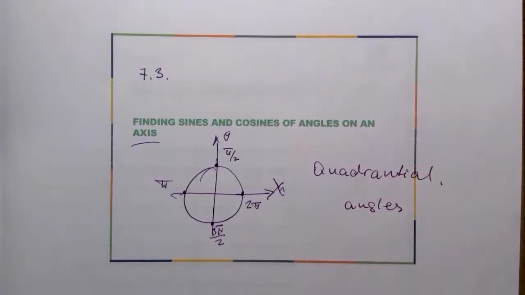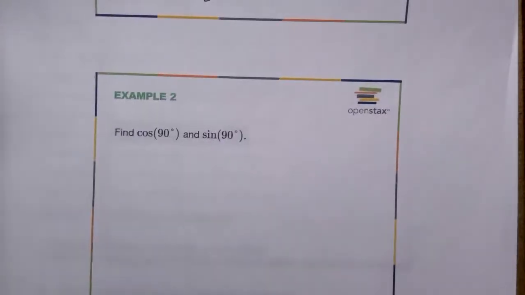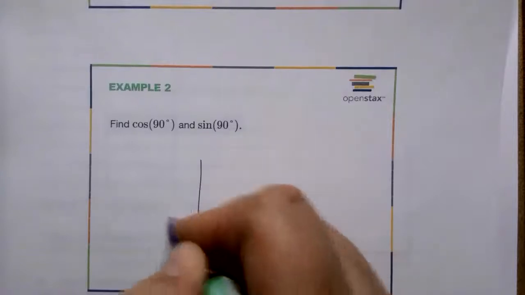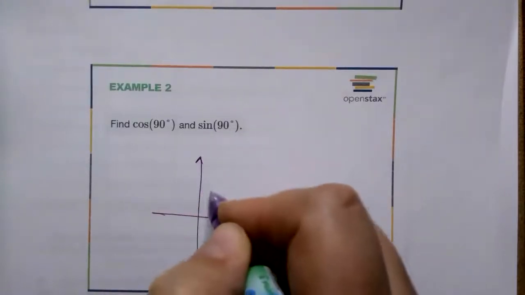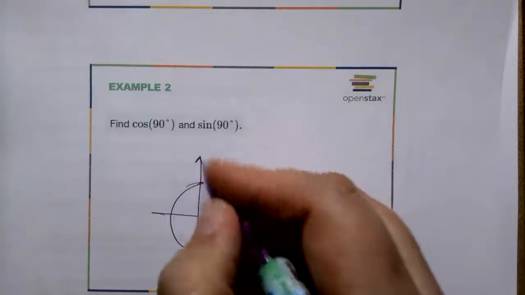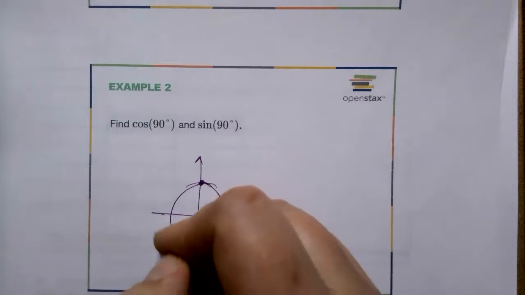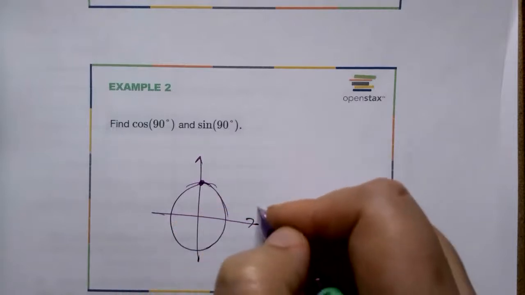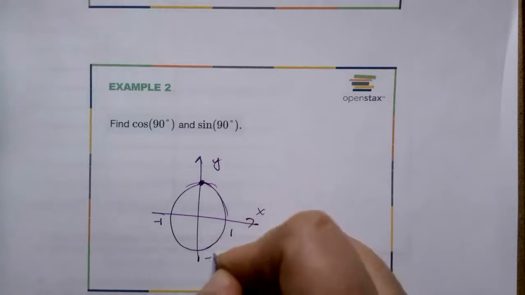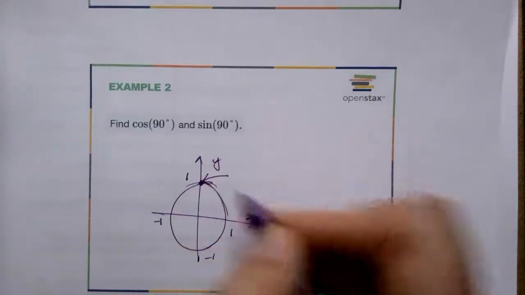Okay, so here's an example. We're going to start with an example. Find the cosine of 90 and sine of 90. So the first step would be to draw a unit circle, and then 90 is right here. Since our unit circle intersects the x and y axes in points (-1, 0), (1, 0) and (0, -1), (0, 1), we want to know the coordinates of this point.